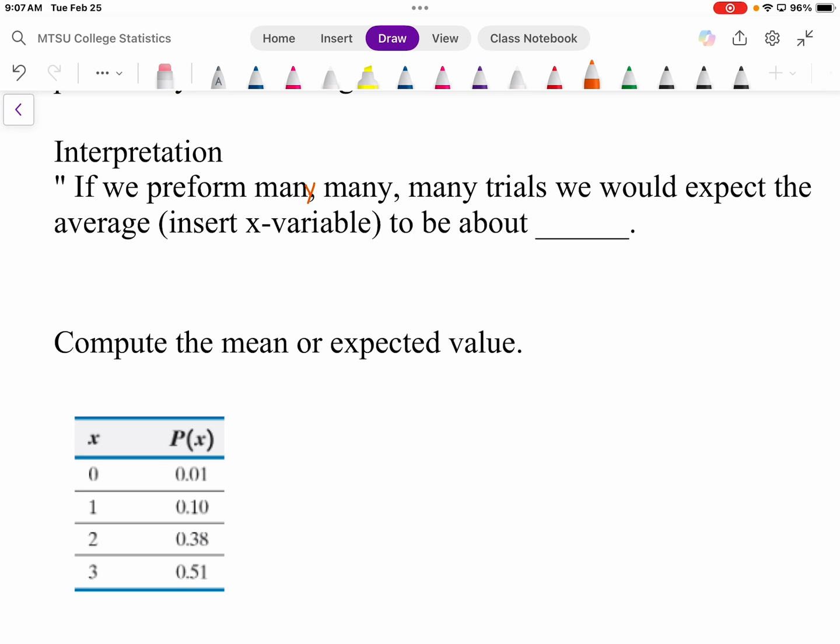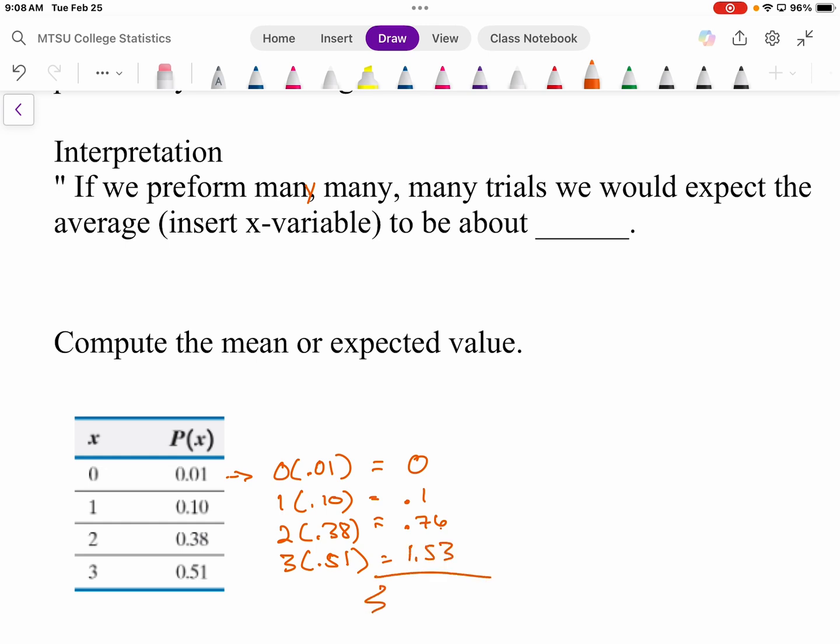First thing you would do is multiply across each thing. 0 times 0.01, 1 times 0.1, 2 times 0.38, and 3 times 0.51. That's the first part. You would multiply each of those together. So that would be 0, 0.1, 0.76, and what is that, 1.53?